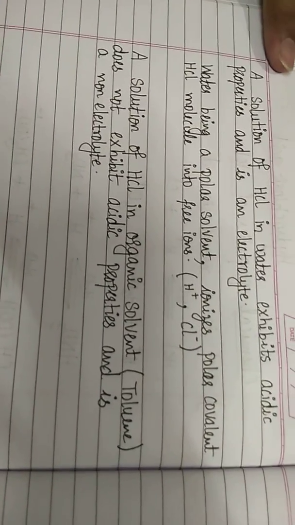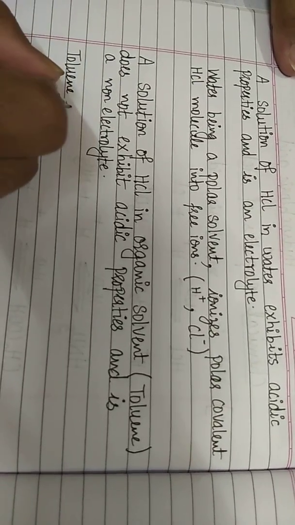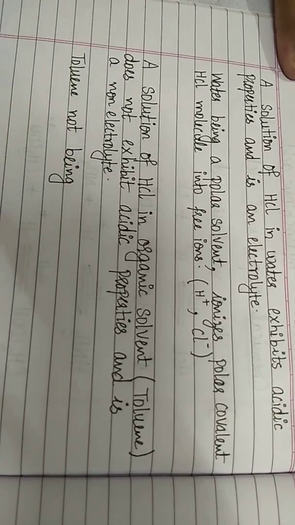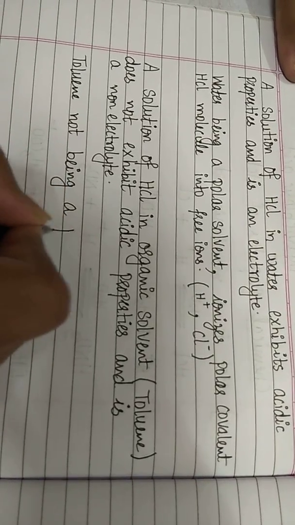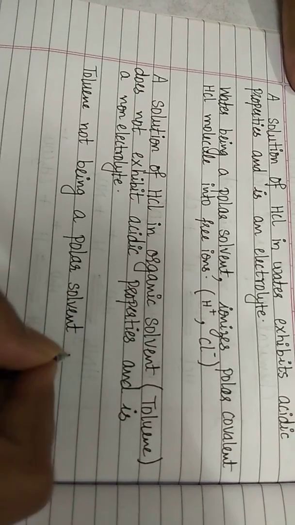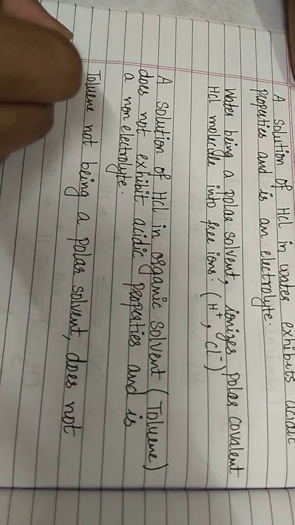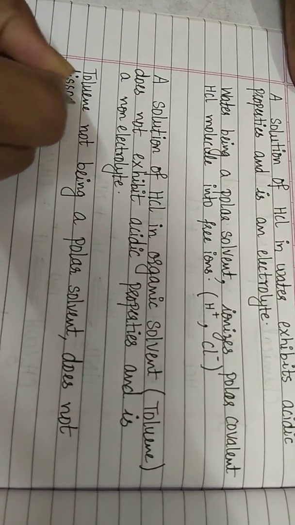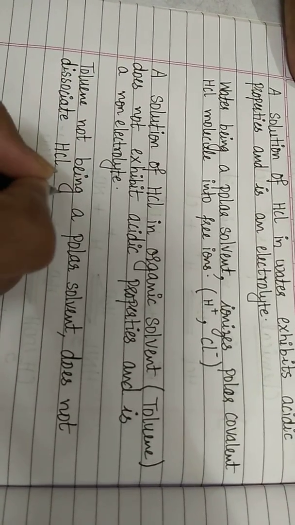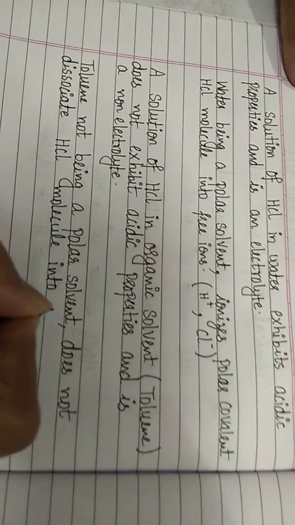So the explanation you all can write: toluene not being a polar solvent does not dissociate hydrogen chloride molecule into free ions.